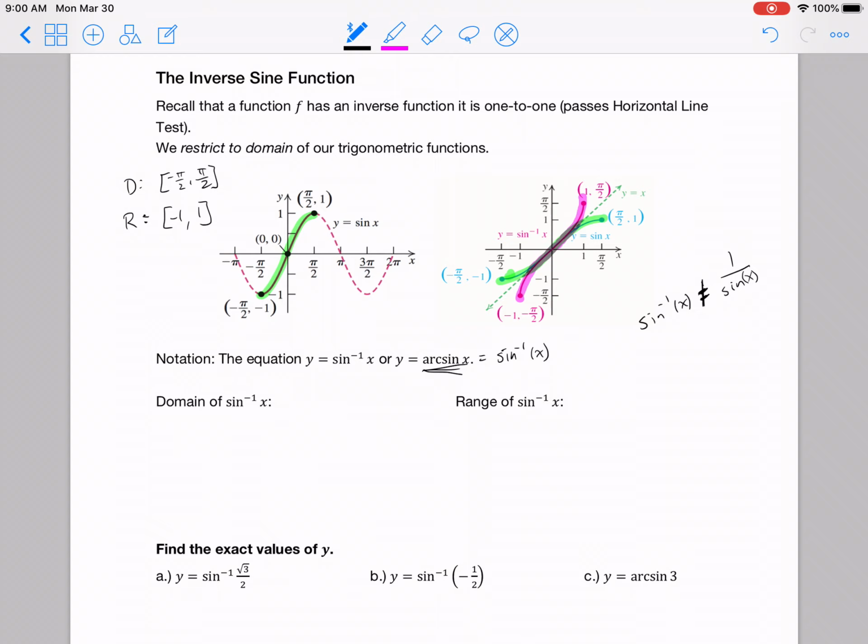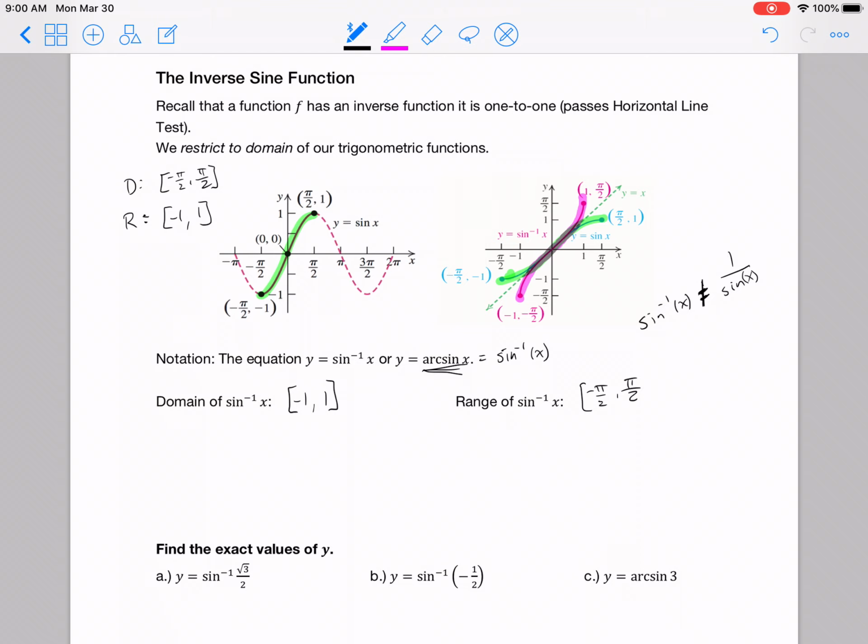And so since it's the inverse function here, our domain and range are going to flip-flop from sine. That means our domain will be -1 to 1, and our range will be -pi over 2 to pi over 2, which you can see from the graph.